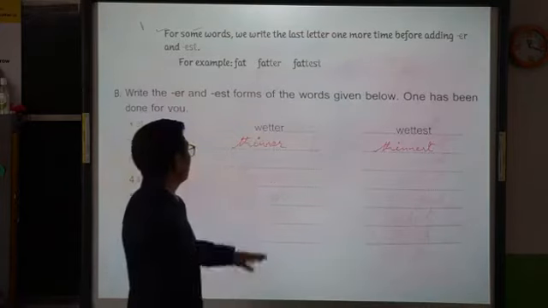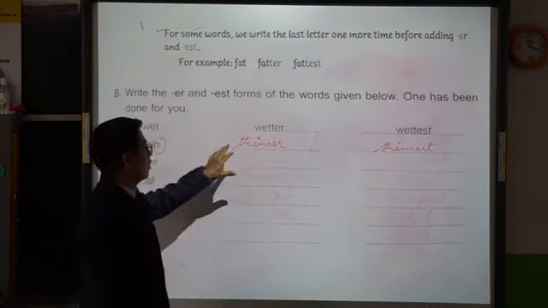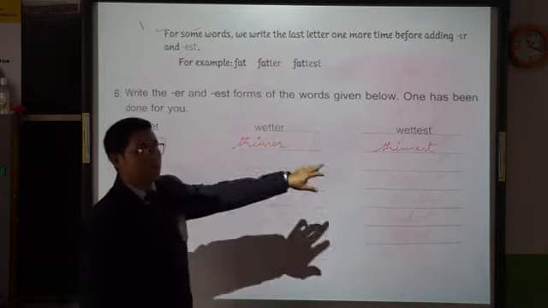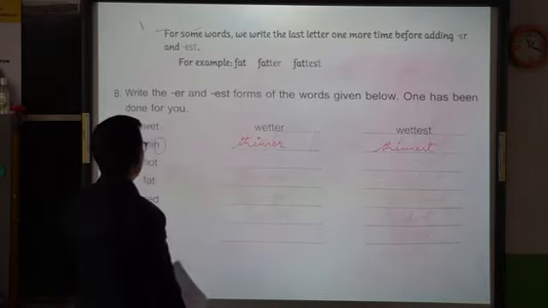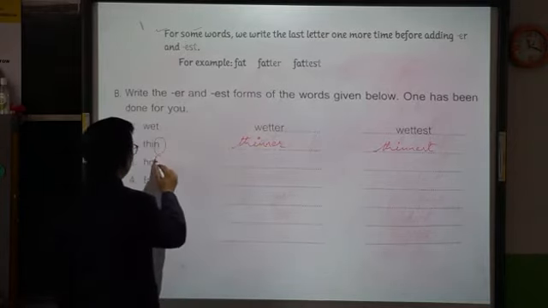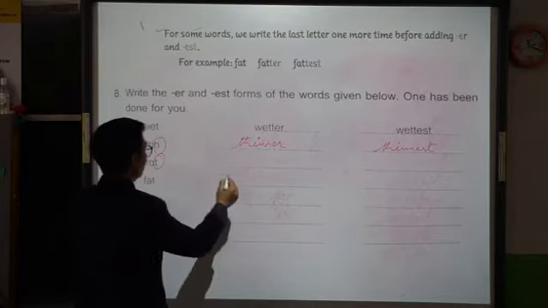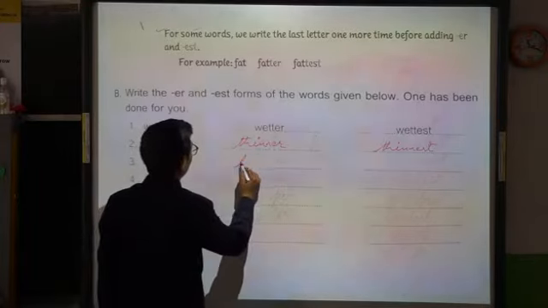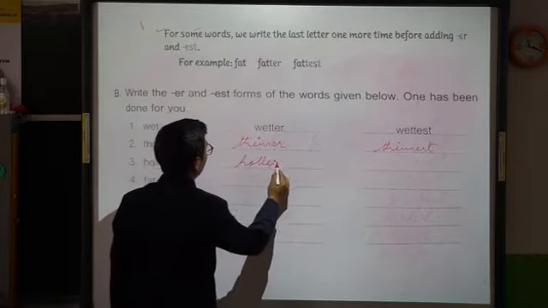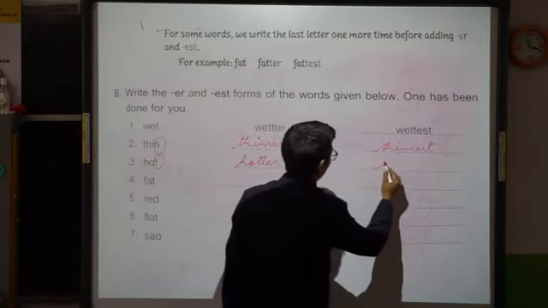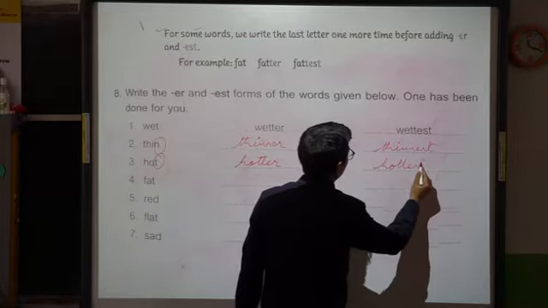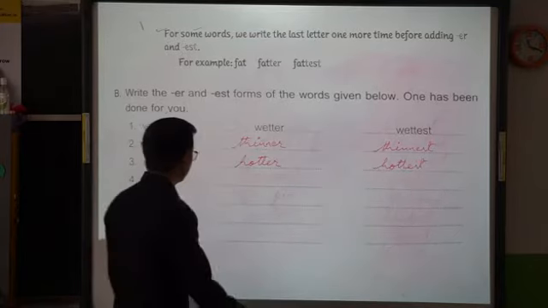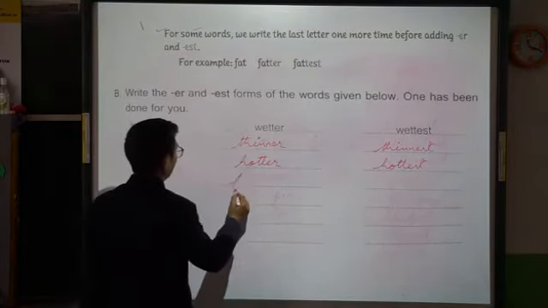So before adding ER and EST, we write the last letter two times. Here, T is the last letter, so we write T twice. H-O-T-T-E-R, hotter. H-O-T-T-E-S-T, hottest.